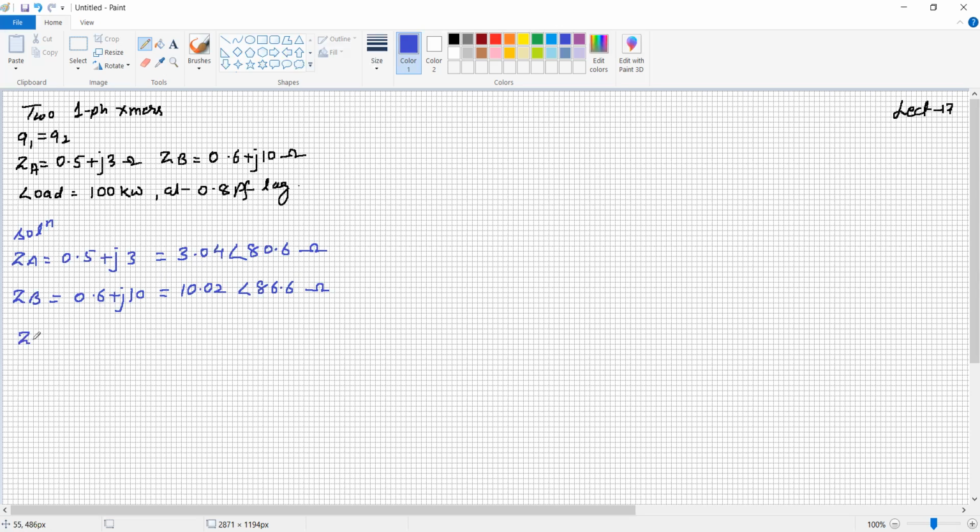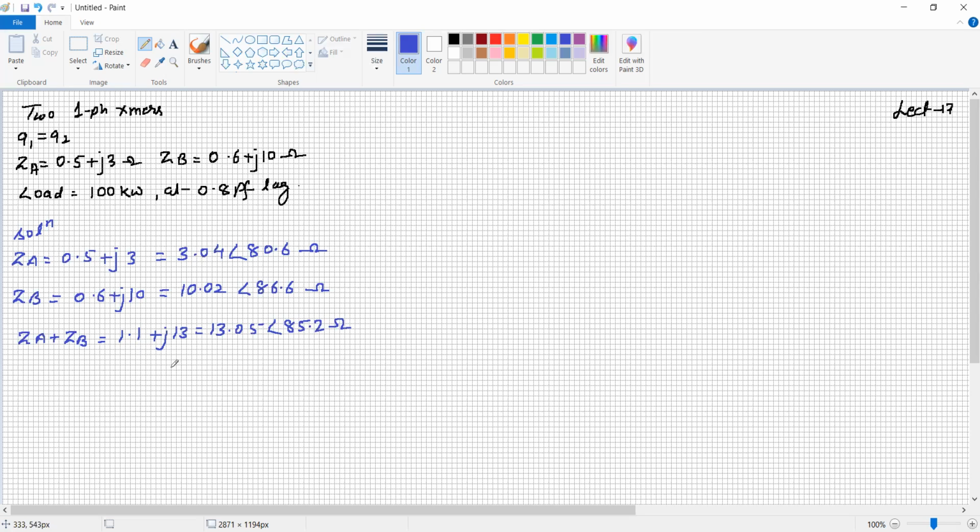Therefore, ZA plus ZB, which we need in the denominator, is equal to 1.1 plus j13, which is equal to 13.05 at an angle of 85.2 degrees.